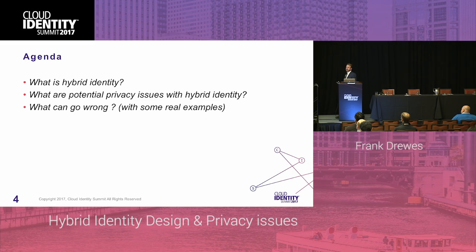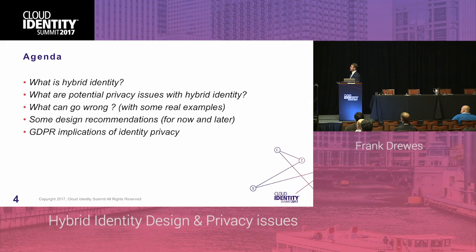Some examples that I've seen of things where people have got themselves in a bit of a pinch, and some design recommendations. And anytime we talk about design recommendations, especially for things we've already deployed, there are things we can do today, and there are things we can do in the future. Most of them tend to be toward the future because when you have systems in place, you don't change them overnight, for lots of good reasons.